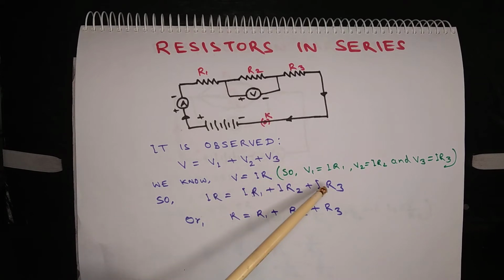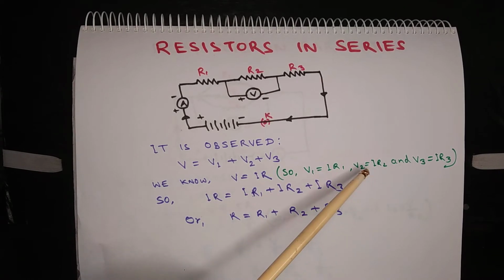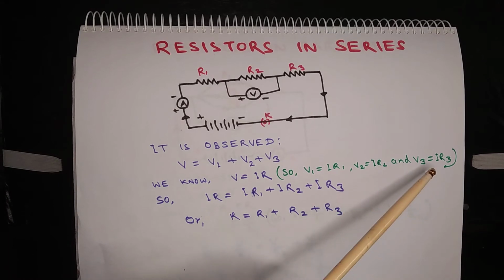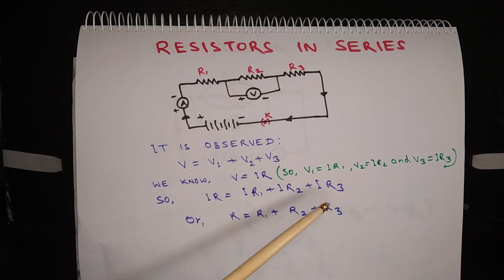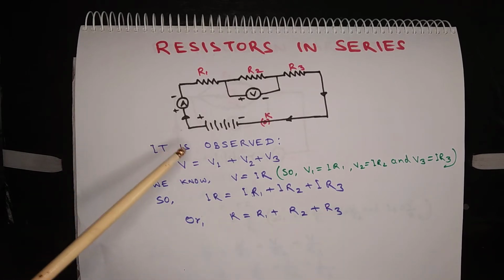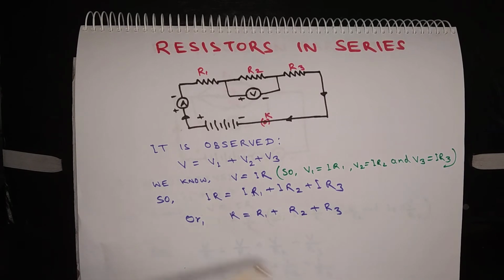So we can write V1 is equal to IR1, V2 is equal to IR2, and V3 is equal to IR3. Substituting these values in the equation, we get IR is equal to IR1 plus IR2 plus IR3. If we divide this equation by I, we get R is equal to R1 plus R2 plus R3. This means that the equivalent resistance of a combination of resistors in series is equal to the arithmetic sum of the resistances of individual resistors. That is, R is equal to R1 plus R2 plus R3.